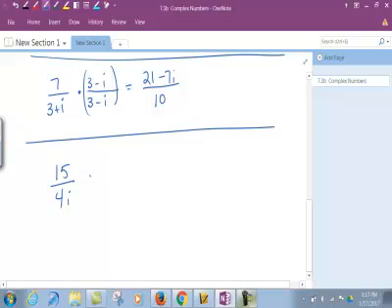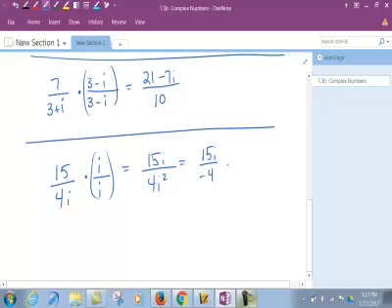So to get the i out of the denominator here, we simply multiply by i over i. So what we get on the top is 15i, and on the bottom we get 4i squared. And i squared is -1, so we get this, and when we simplify a fraction, we don't like to leave that negative in the denominator. Okay, so that would be our solution.